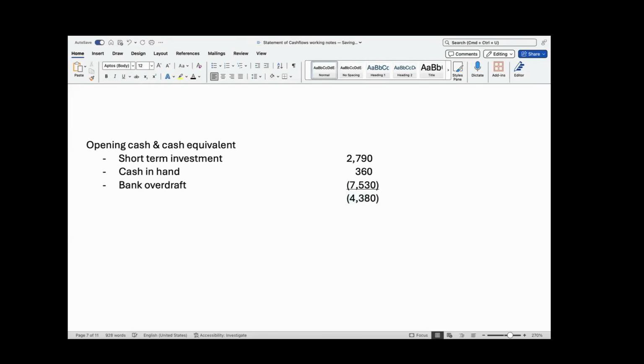Then you would do your cash and cash equivalent during the year, which is the addition of your operating, investing, and financing.